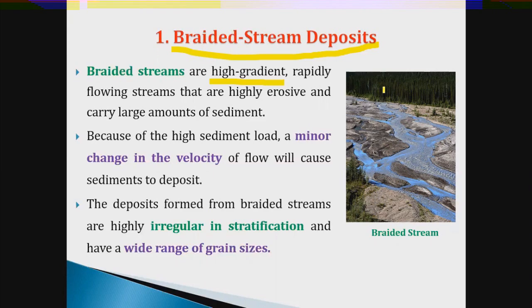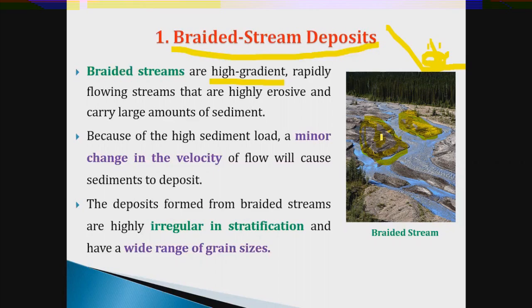But when the bed of the stream becomes a little flat, the velocity of flow will decrease at this flat location, and it will result in the deposition of a huge amount of sediments, which will result in such islands. You can see these islands are known as braids. That's why it is known as braided stream deposits, because their structure is more like a human hair braid.